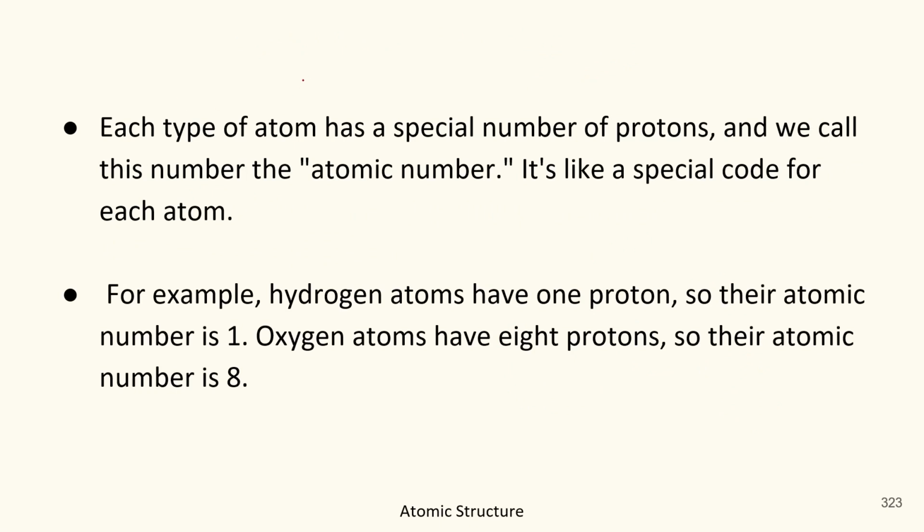Basically, here is the concept of atomic number and atomic mass. To better understand the different phenomena relating to atoms, we must understand what we mean by atomic number and what we mean by atomic mass.